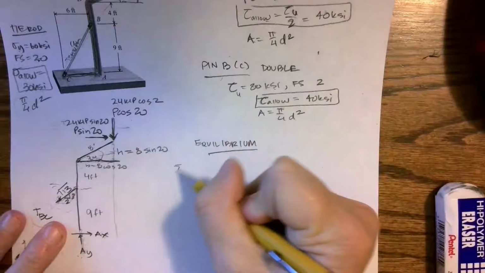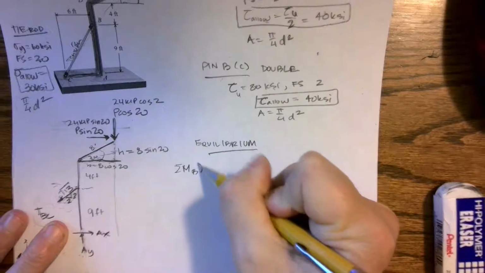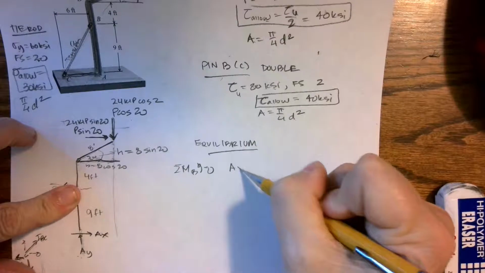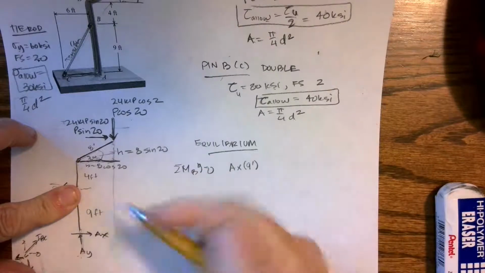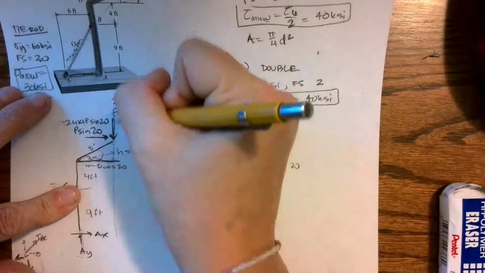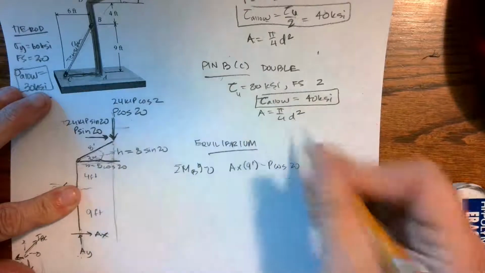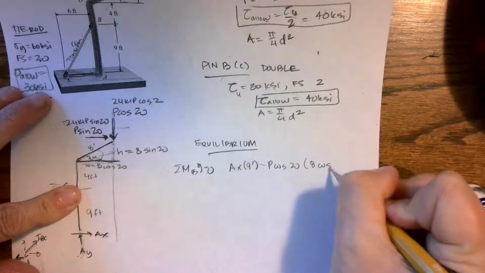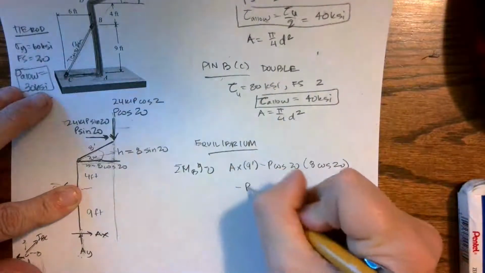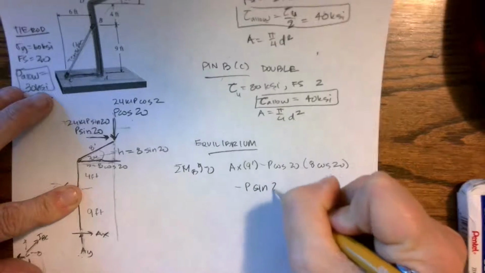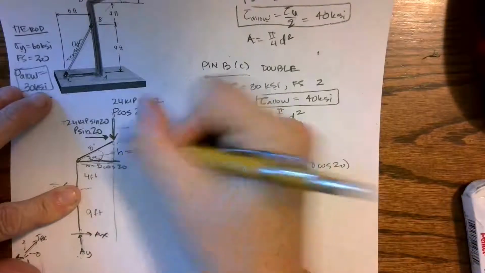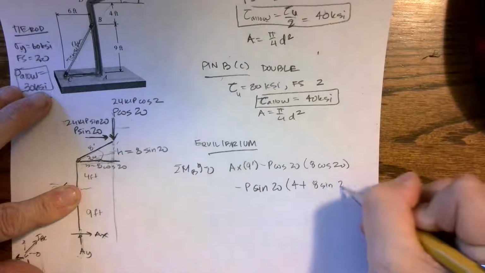So I'm going to start with summing about B, because why not? If I sum about B, I have Ax times 9 feet, and then minus P cosine 20, and it's over 8 cosine 20, and then minus P sine 20, and its height up is going to be 4 plus 8 sine 20.